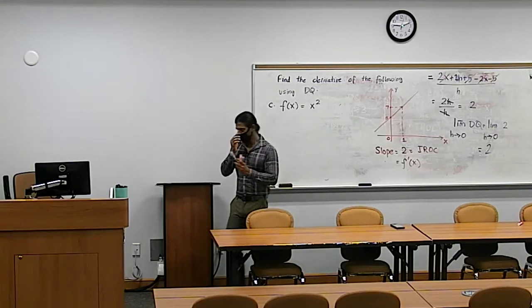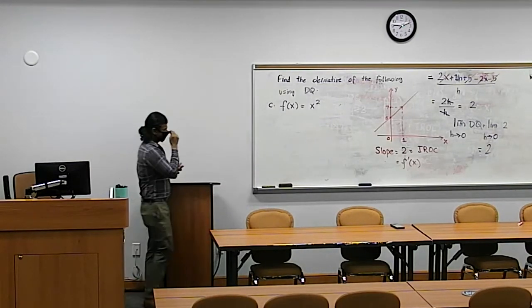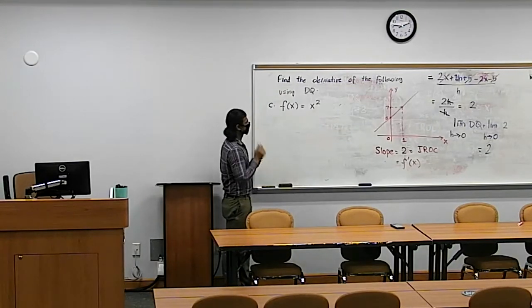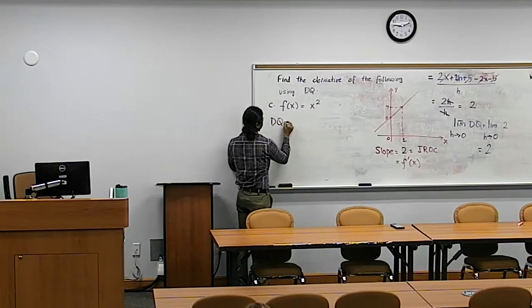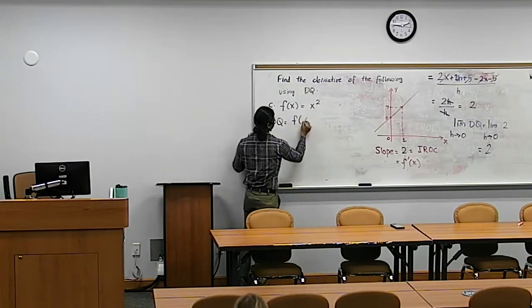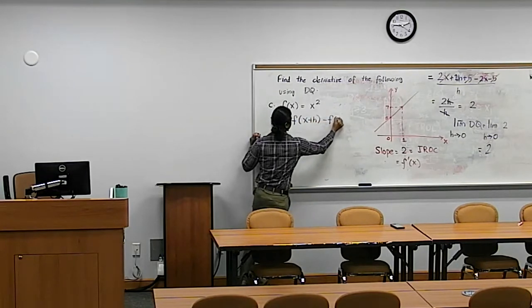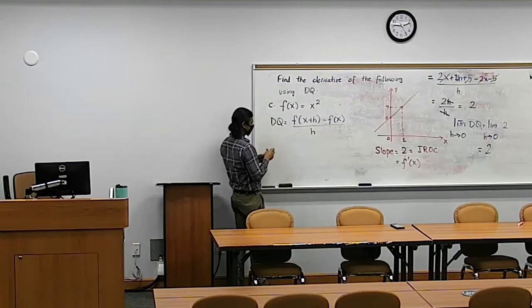We want to find the derivative of x squared, and we want to make use of the difference quotient. So what we've got here is x squared.